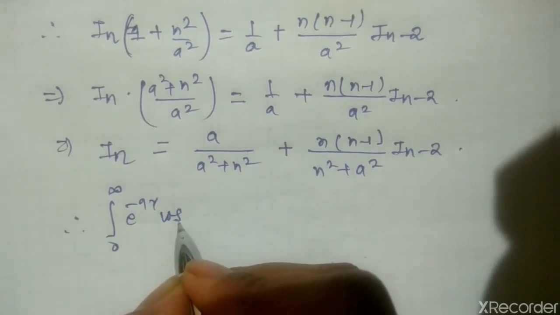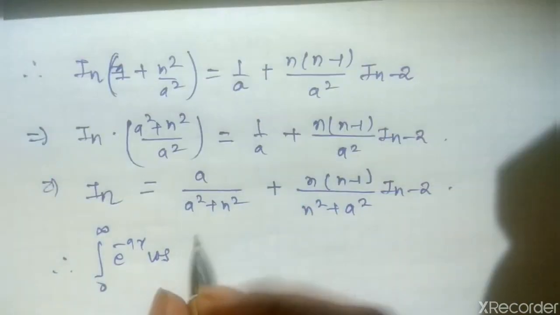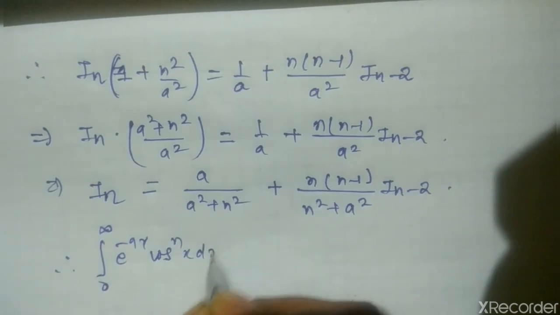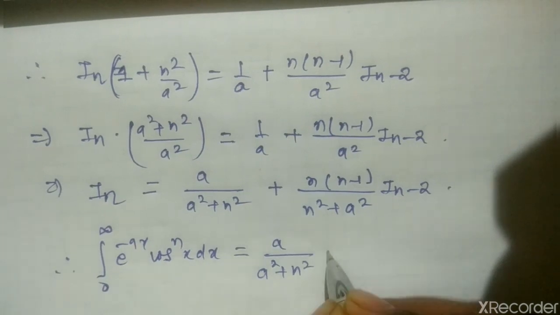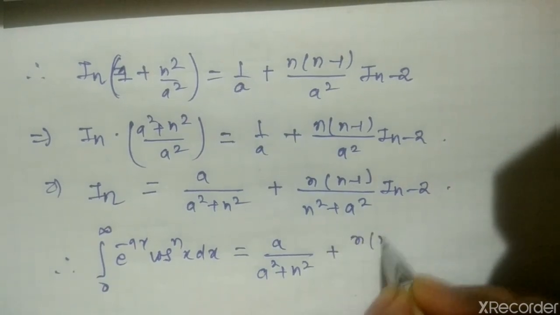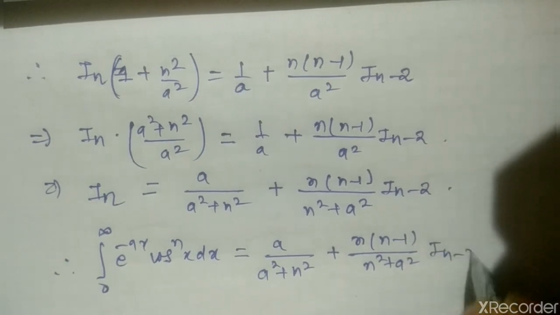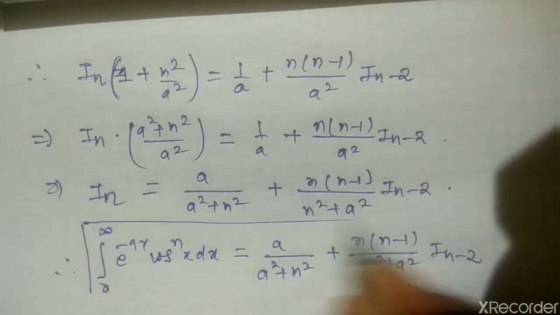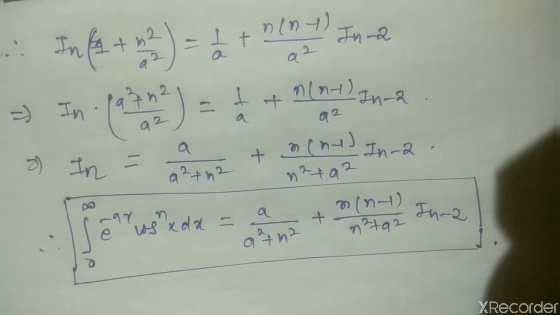So we are looking here for the value of cos nx, and then we have dx. So we'll write here cos nx dx is equals to a by a square plus n square, fine, and then plus n into n minus 1 divided by n square plus a square I n minus 2. This is the reduction formula for the cos function.